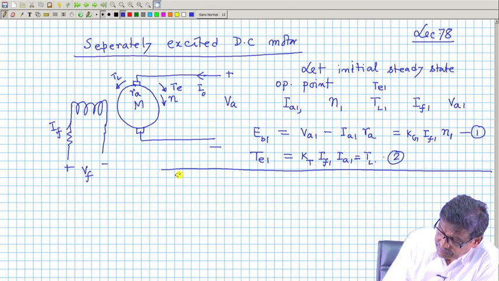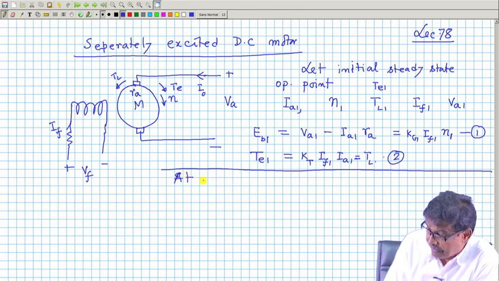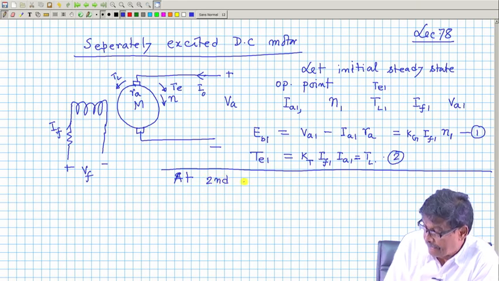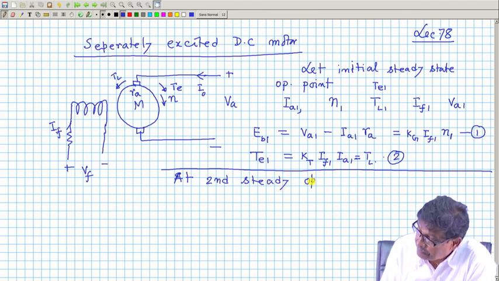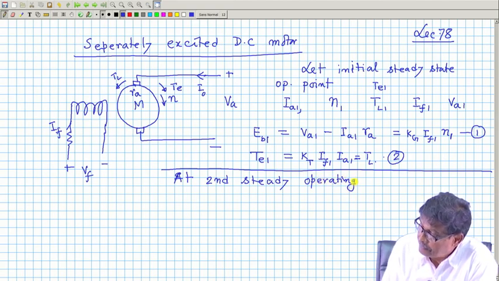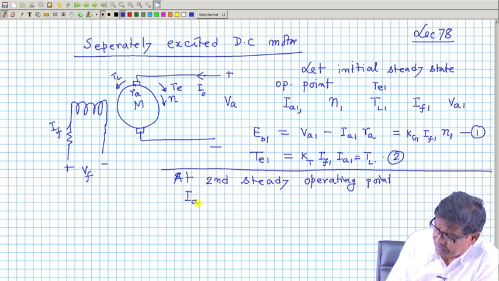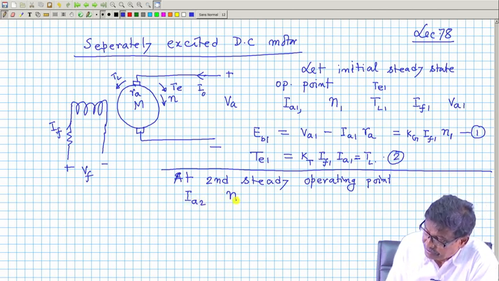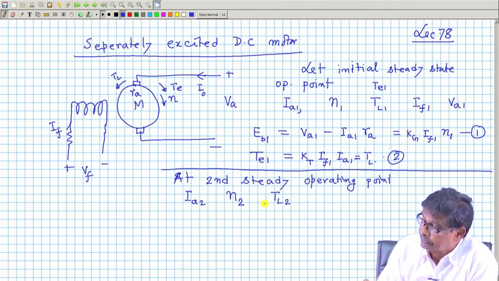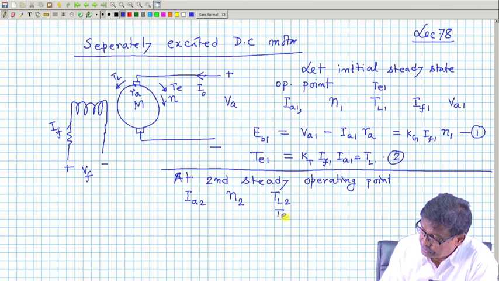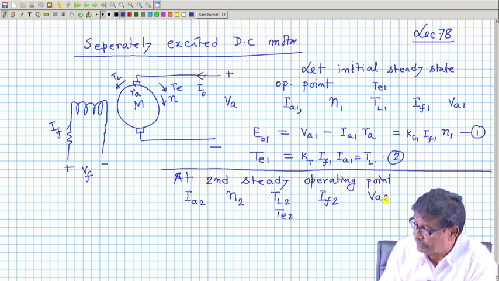Then at the second steady state operating point, suppose I find that next time it is drawing armature current IA2, the machine is running at speed N2, load torque is TL2, electromagnetic torque is T2, field current is IF2, and applied armature voltage is VA2.